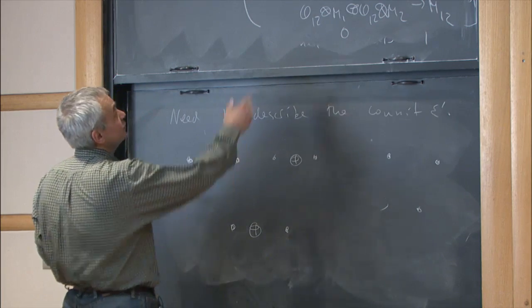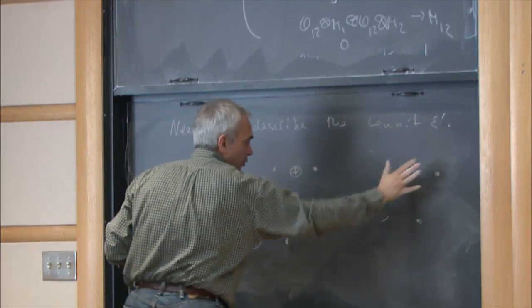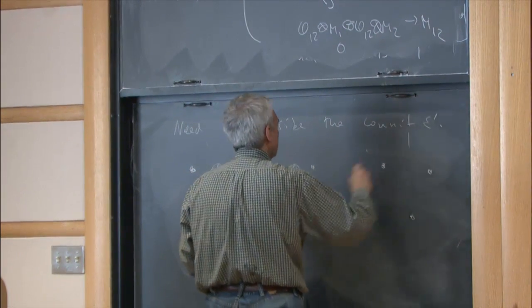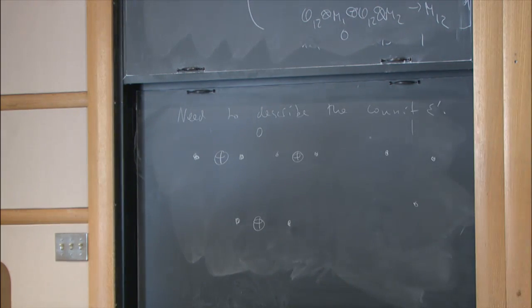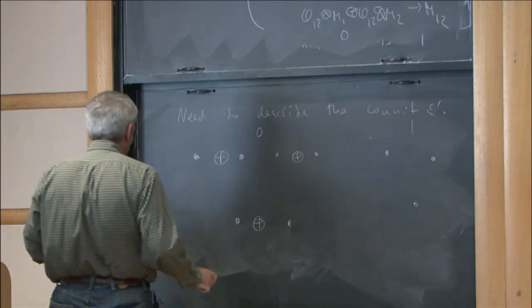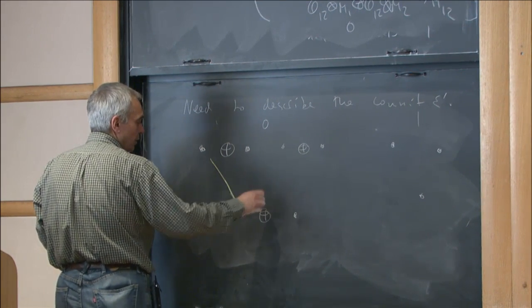So I'm just separating the degree 0 pieces and the degree 1 pieces. These are the degree 1 pieces, these are the degree 0 pieces. And then there are the maps that tell you that this is a presheaf, that this is a module over the quiver. And so there are these yellow guys.